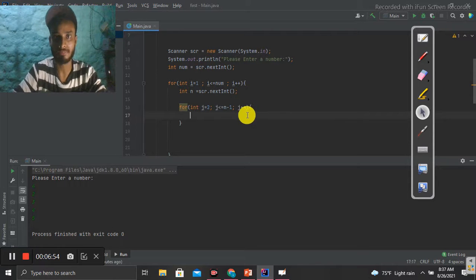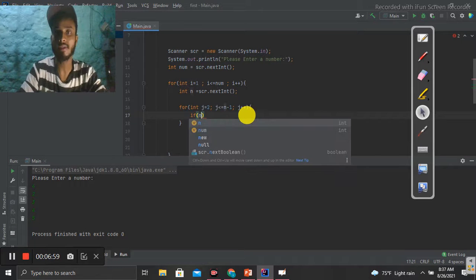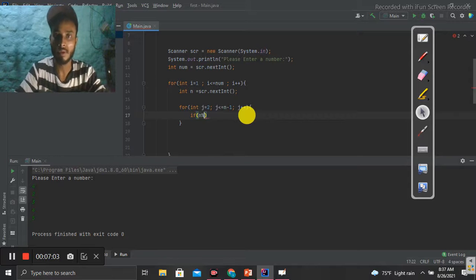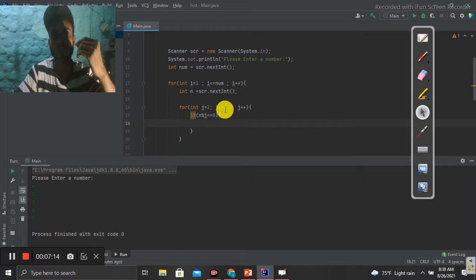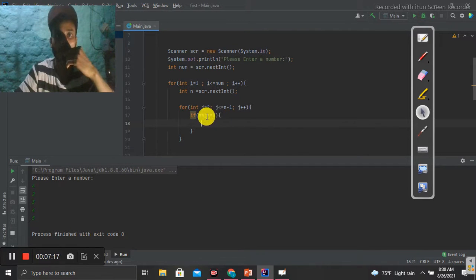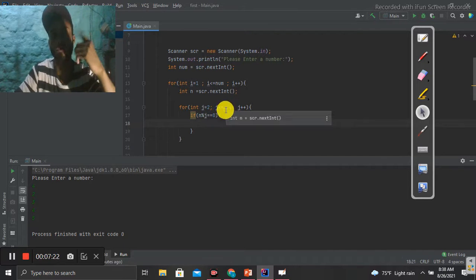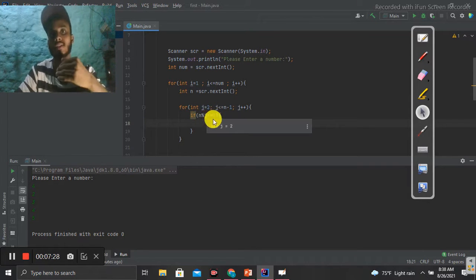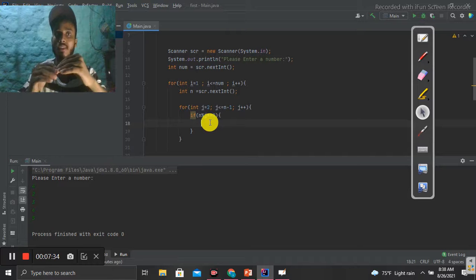The if condition is: if n modulo j equals 0, that means n is divisible by j. If the remainder is 0, it means it is not a prime number.